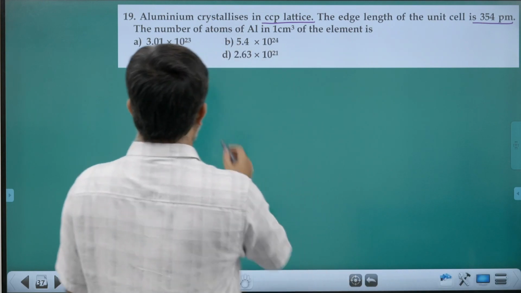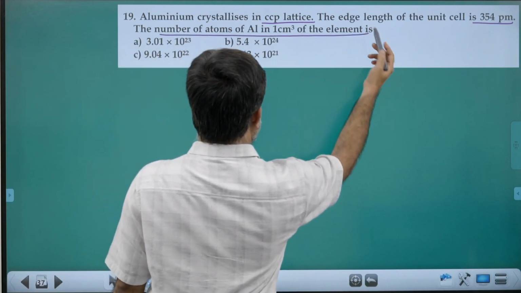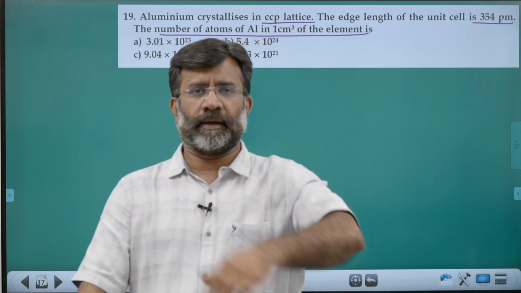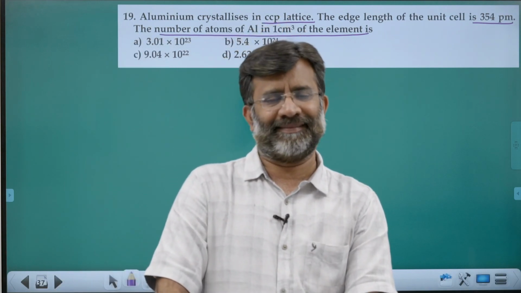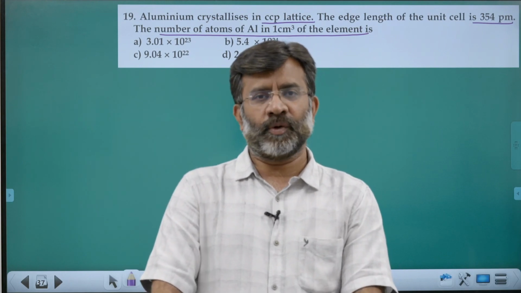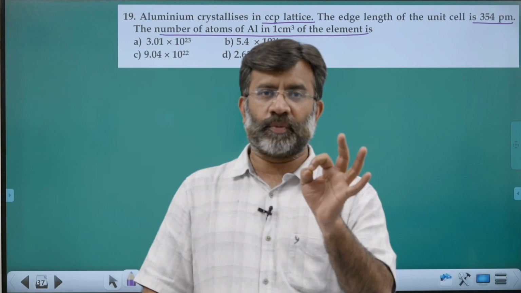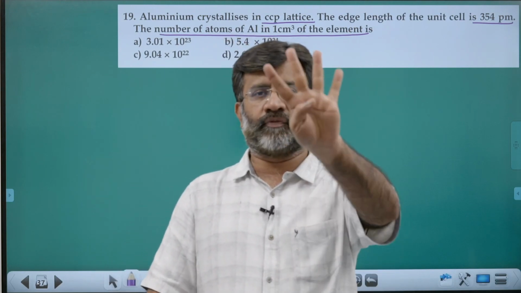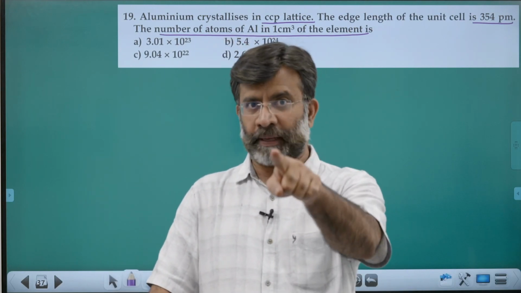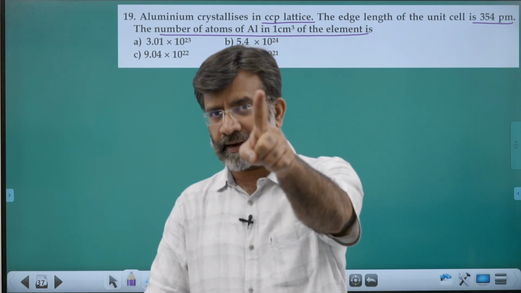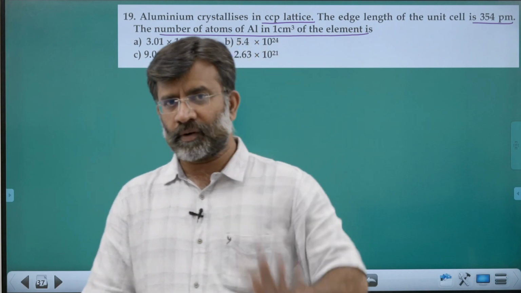We want to know the number of atoms of aluminium in 1 centimeter cube. CCP means the number of aluminium atoms in 1 unit cell will be 4.